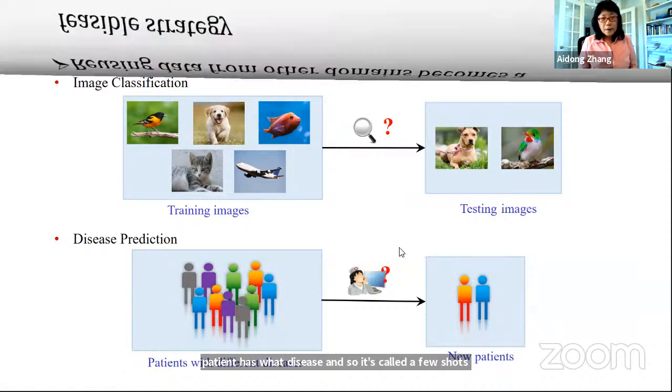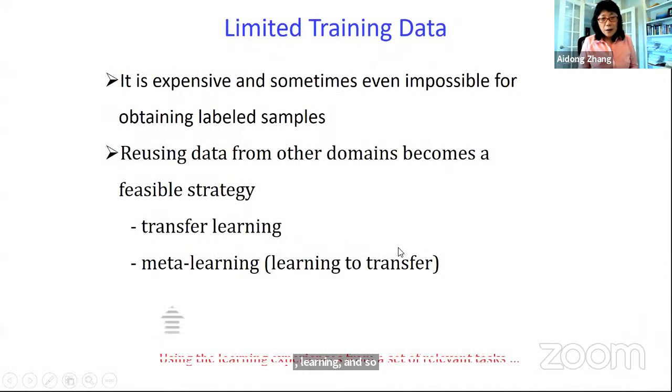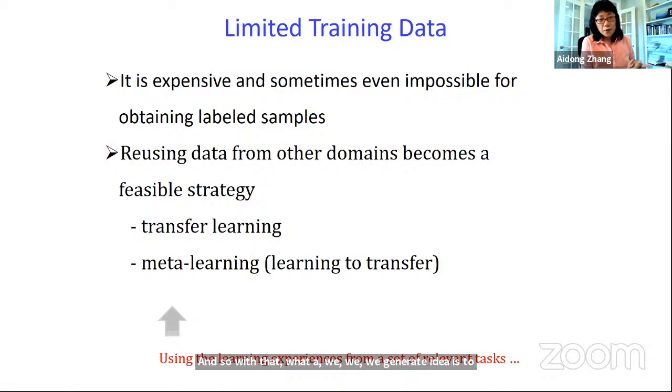The general idea is to transfer knowledge. We can look back at how humans do this. They transfer effectively any knowledge they can to new events or new things.